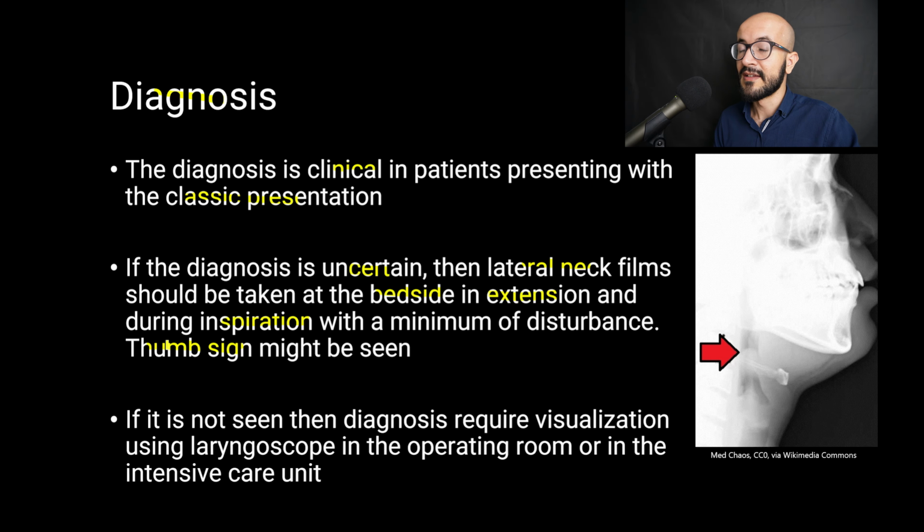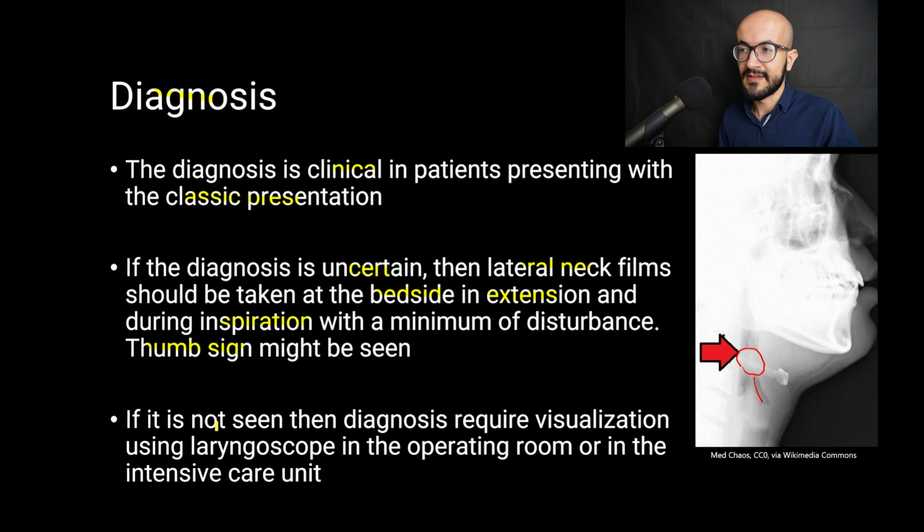And thumb sign might be seen in the radiograph. So as you can see in this picture here, we have the trachea here, and here we have the epiglottis. It is inflamed and big, and it is blocking the airway.